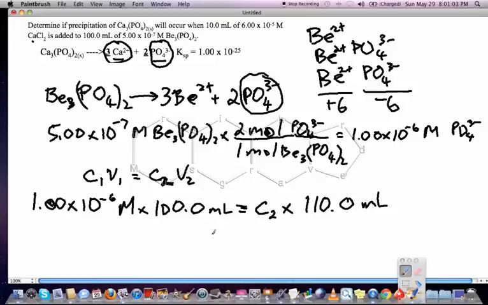We'll be left with 9.09 times 10 to the negative 7 molar. And as we'd expect, that's a concentration slightly less than what we started with, because we've gone from 100.0 mL to 110.0 mL. So a little bit less on the concentration over here. And this is what we've got for phosphate.